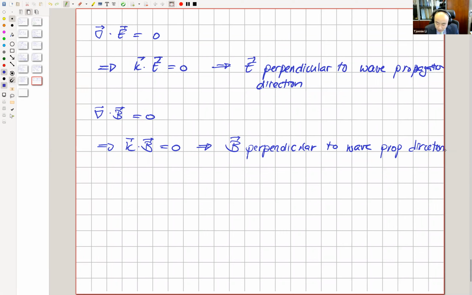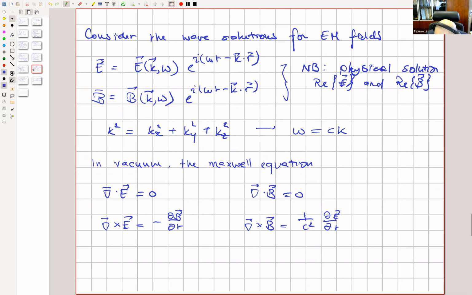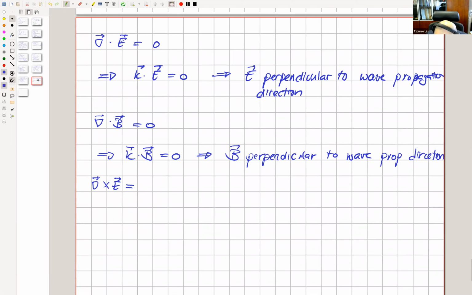Now let's take a look at the other two equations. Here the curl of E equals negative the partial derivative of B with respect to t. And so if I now take this here, then what do I get?